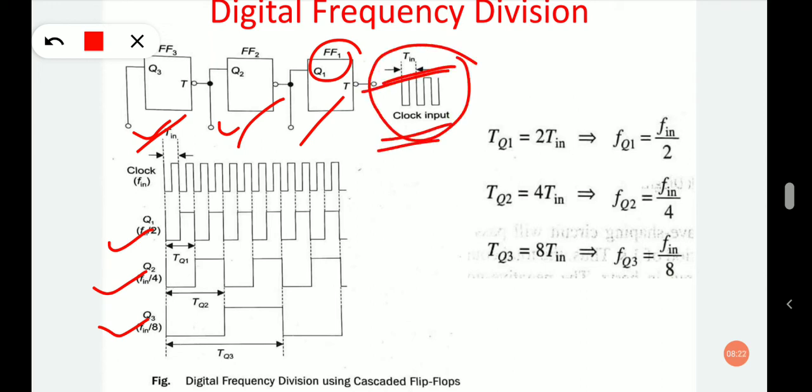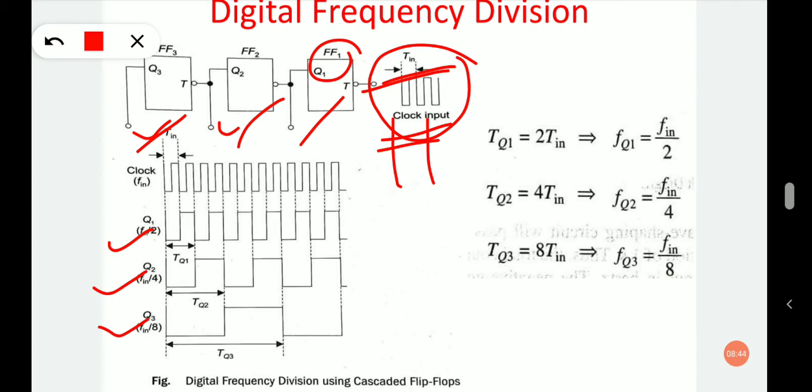For every 2 pulses applied, there occurs a change in the state of flip-flop 1 and hence the output waveform from Q1 has a time period twice that of the triggering or clock input time period.